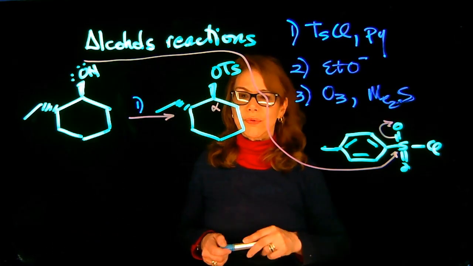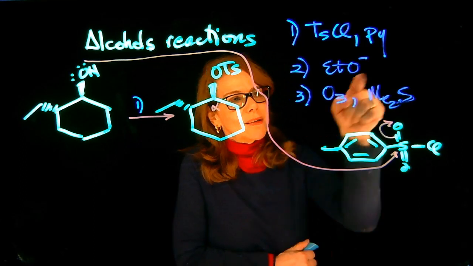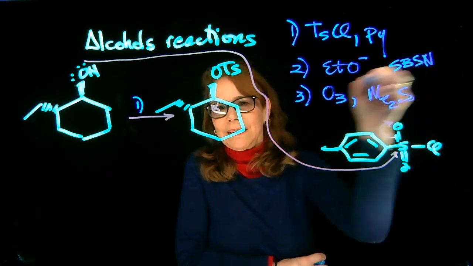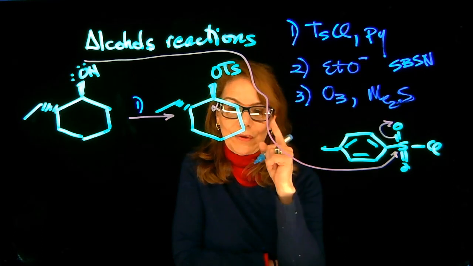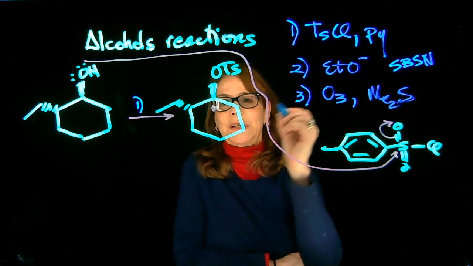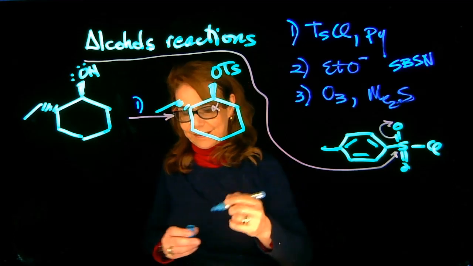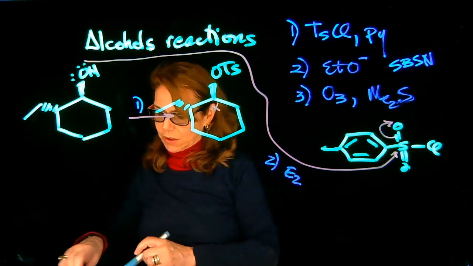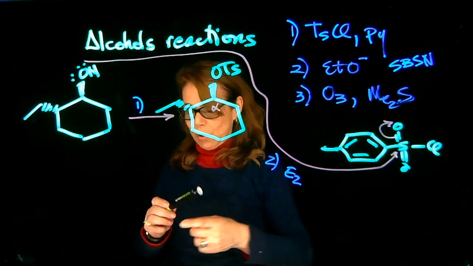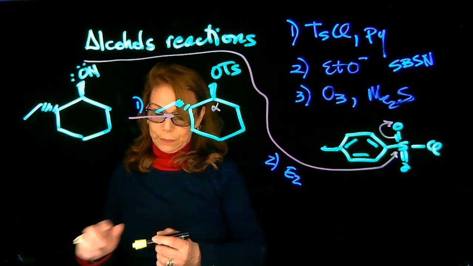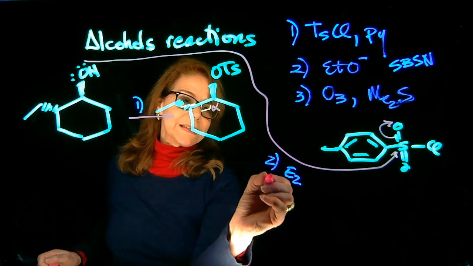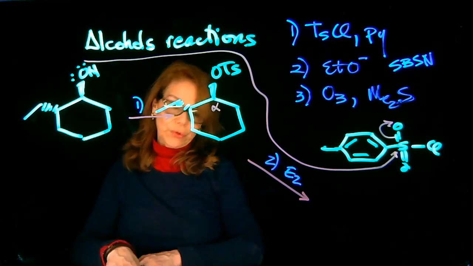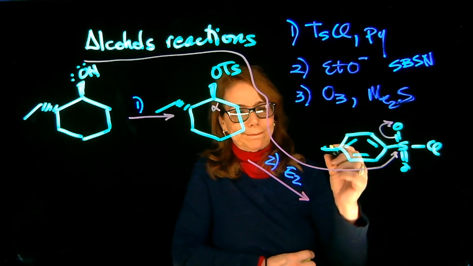Let's go over to the second step now. Strong base, strong nucleophile. But this is a secondary alcohol, so the preferred reaction is going to be the E2. And this is what we're going to be drawing. What's going on is that this is a small base also. So the preferred product is going to be the Zaitsev product, which is the more substituted alkene.